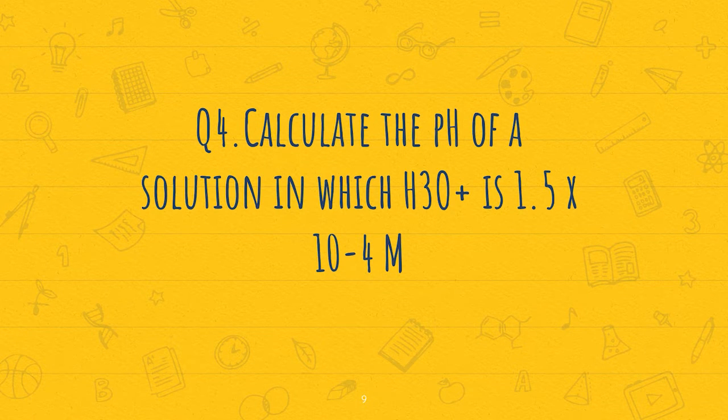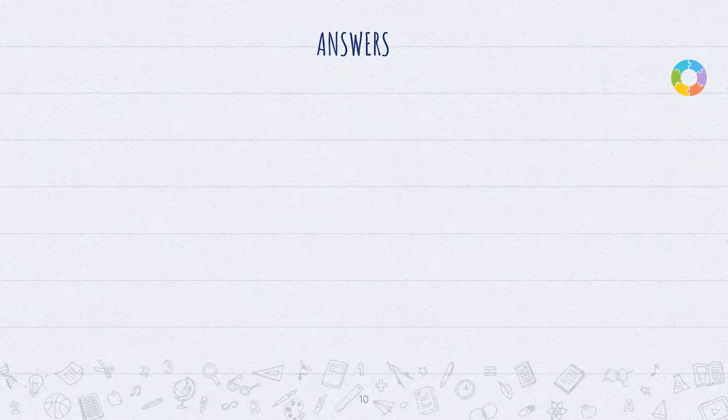Question 4. Calculate the pH of a solution in which the hydronium ion concentration is 1.5 times 10 to the power of negative 4 molar. This is a straightforward question and it does not have any tricky part at all.